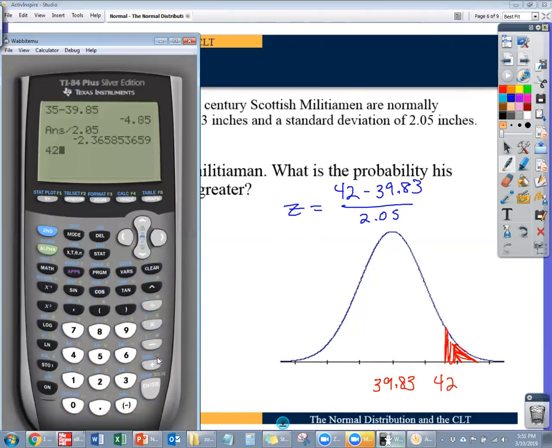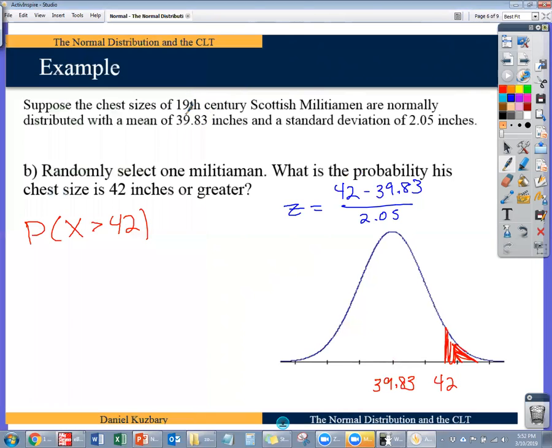So let's do 42 minus 39.83, enter, divided by 2.05. I got 1.06. We'll round to 2 decimals because that's what our chart does. It just goes to 2 decimals. So our z is equal to positive 1.06.